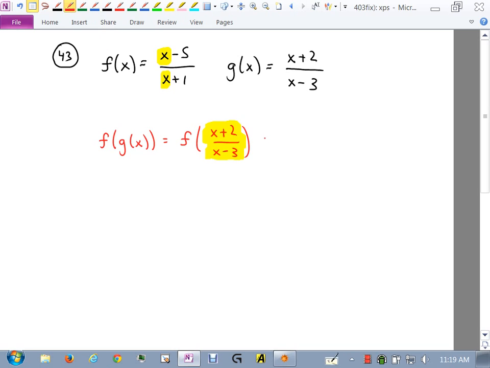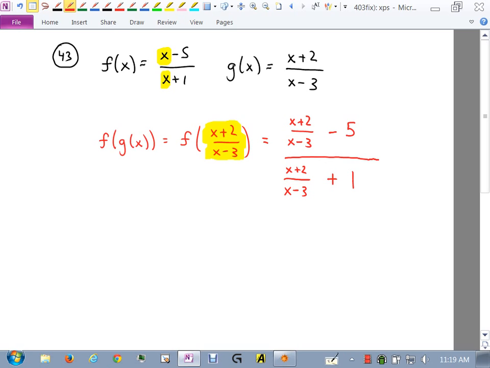The algebra gets kind of ugly. So I replace the top left corner, x plus 2 over x minus 3, but next to that I have minus 5. Over, bottom left corner is x plus 2 over x minus 3, and then plus 1. Okay, so that's f with x replaced with g.